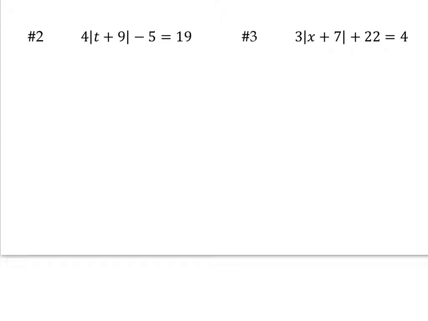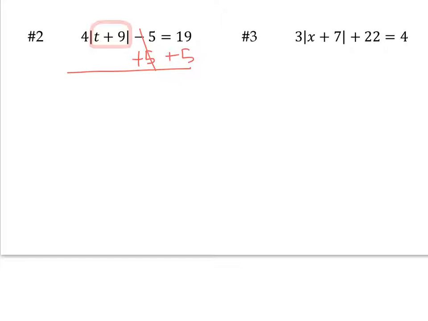Okay, so if we look at this, we're going to add 5 to both sides. This is an example of where we need to isolate the absolute value expression. The absolute value expression is the part of the equation that's inside the absolute value. We need to isolate that by itself, so we do inverse operations on both sides, like we normally would when trying to isolate a variable.